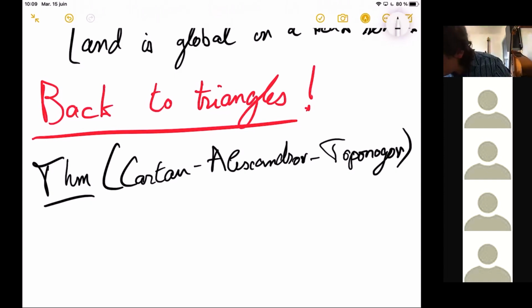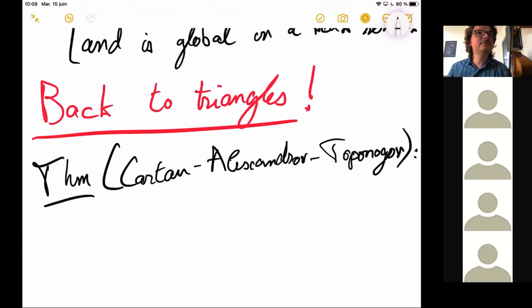I'll try to dig up the reference. But people didn't do anything with it, so people forgot about it, basically. And I guess it was only for surfaces.